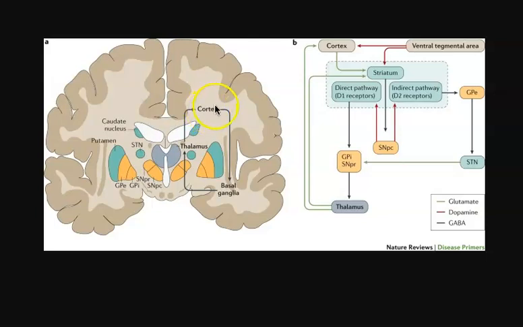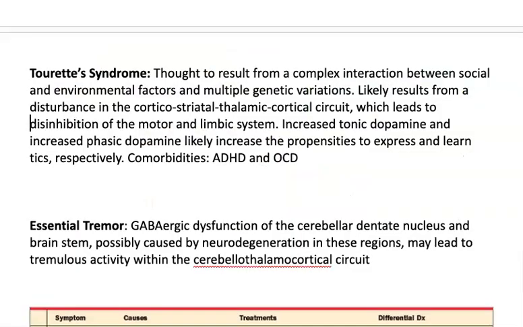And then I think they summarize it really nicely here. So this cortex to the basal ganglia, which is all these blue and yellow colors, to the thalamus, back to the cortex. That feedback loop helps control those behaviors. And then the last of the 5 is essential tremor. And we think that that is caused by issues in regions of the cerebellum and the brainstem, probably due to dysfunction of GABA signaling and neurodegeneration in the cerebellar dentate nucleus and the brainstem.